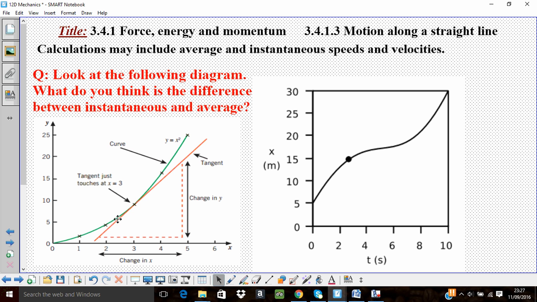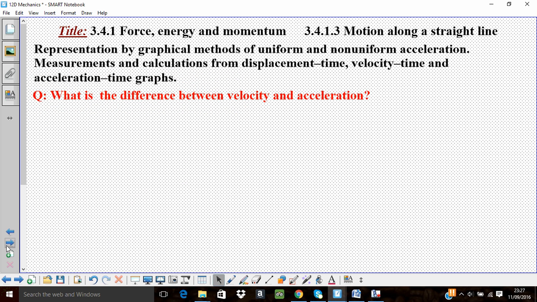So calculating the slope is rise over run, the change in y over the change in x, and that gives us the instantaneous velocity at that specific point, using a tangent.